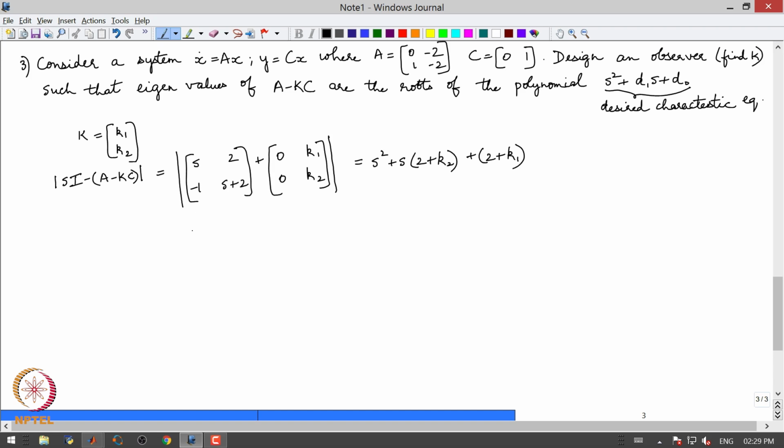So, we have a characteristic equation coming from A, K and C, and now if we compare it with the given characteristic equation, then we can simply say that d1 equals 2 plus k2, and d naught is 2 plus k1. So, k1 equals d naught minus 2 and k2 equals d1 minus 2.